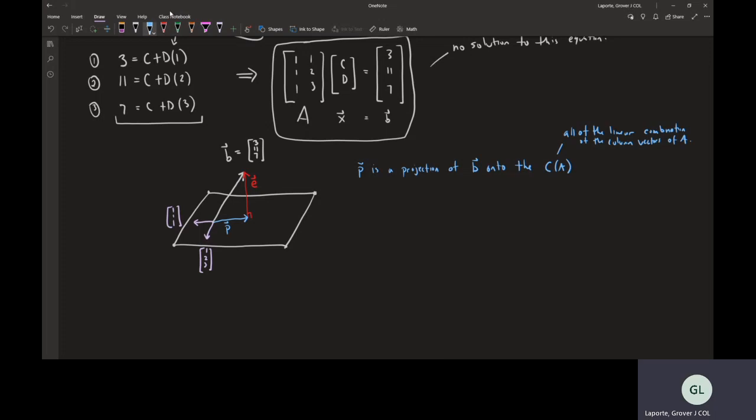Okay, so what is P? Well, P is just equal to A times X hat. Now, what do I mean by that? So this X hat is not really C and D, but it's some linear combination of 1, 1, 1 and 1, 2, 3 that gets us to that spot that's right underneath our B vector.